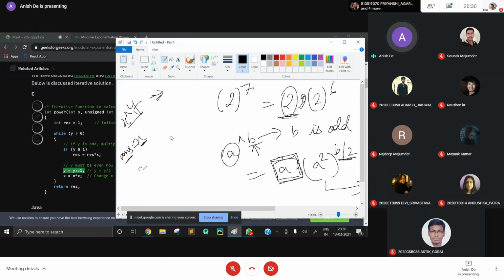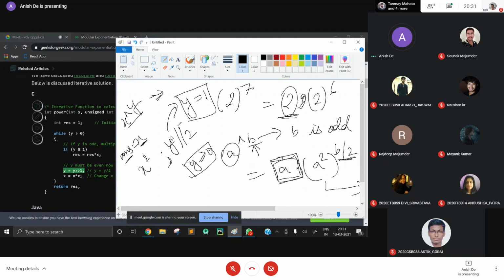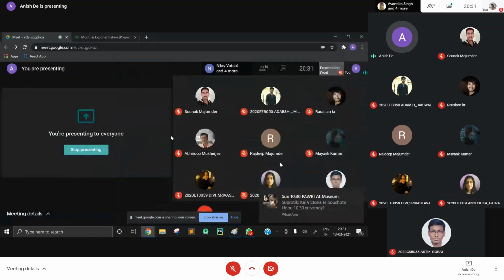Then we square x and divide y by 2, and we go on like this till we get y equal to 1 or y greater than 0. Both are basically the same thing, and then we print or return the answer. Now is this clear? Yes, yes. So any questions on this?